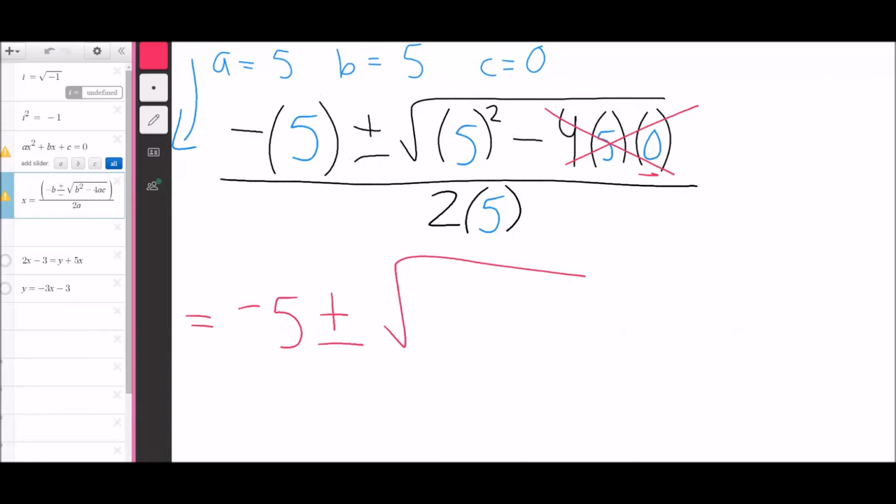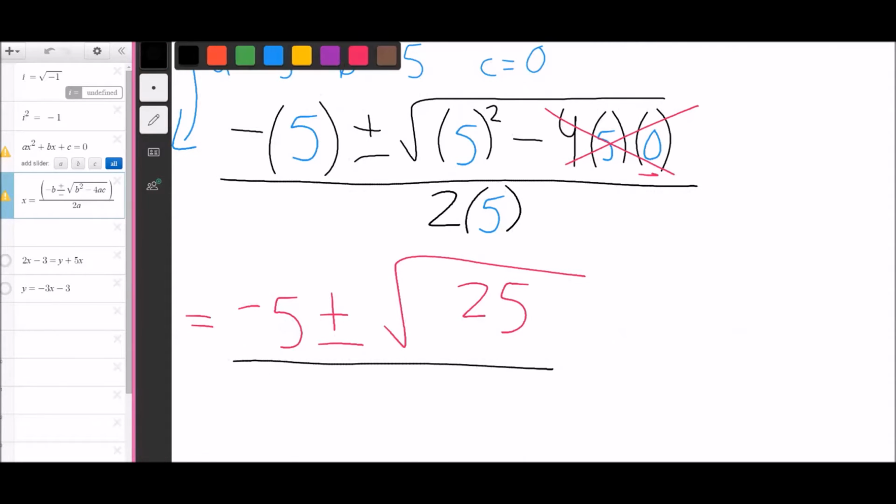So it's going to be the square root of 25, that's going to be over 2 times 5, which is 10.